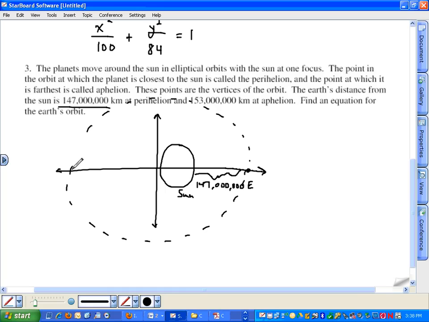If the Earth revolves all the way around to this point, that's called aphelion. That's when it's farthest away. So if the Earth were over here at this point, the distance from here to the sun is 153 million. Now, a distance that's not given here is how far away the sun is from the center. It's 3 million.